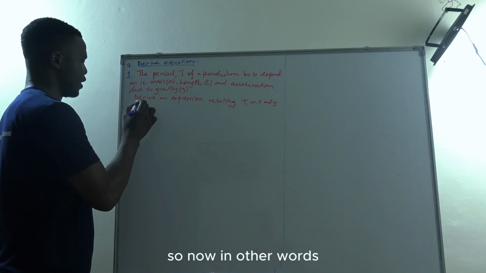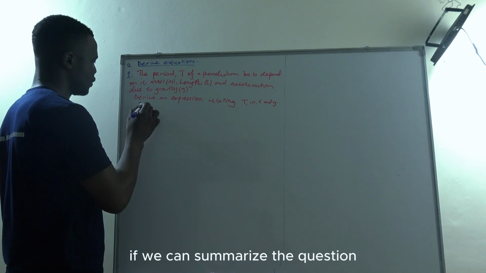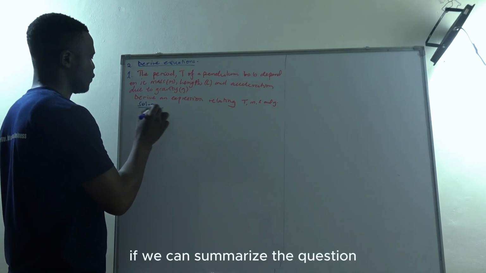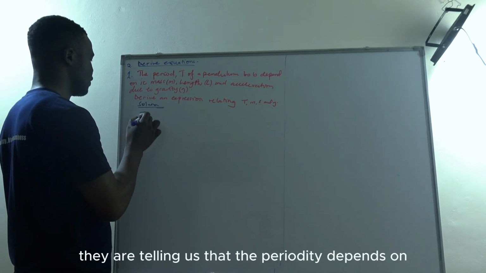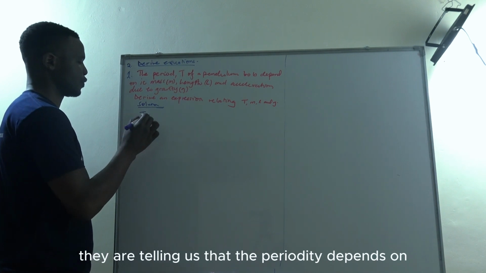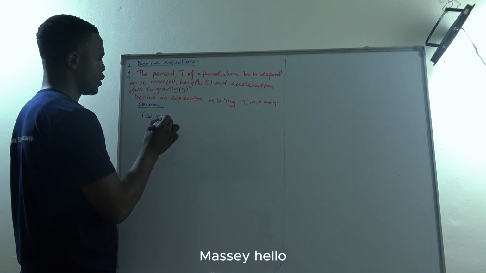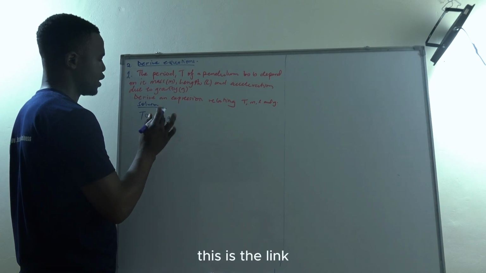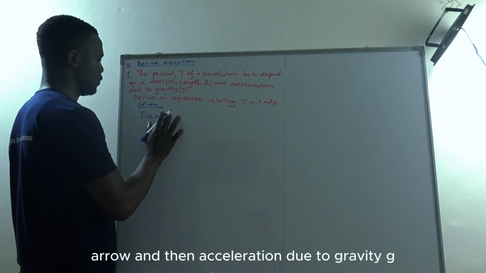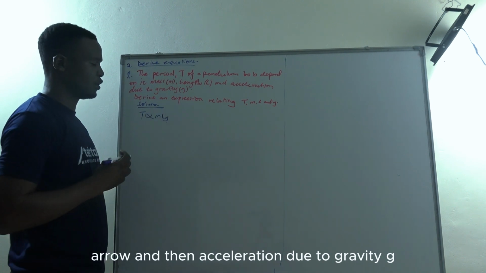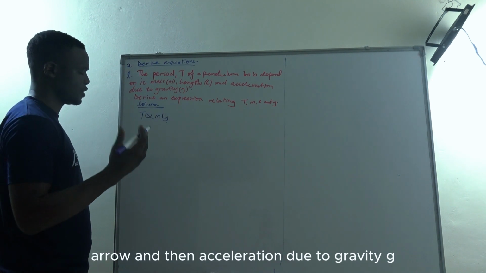If we summarize the question, they are telling us that the period T depends on mass m, length l, and acceleration due to gravity g.